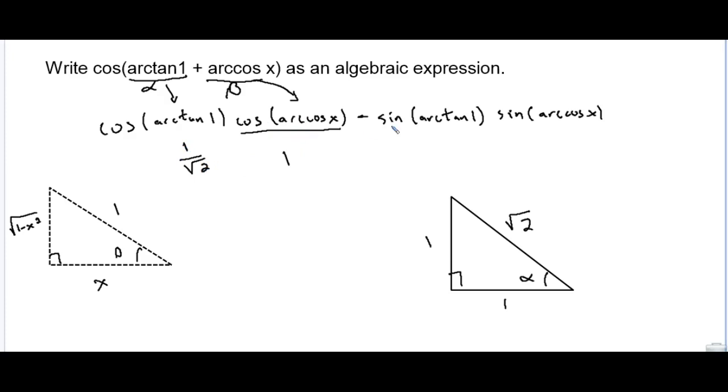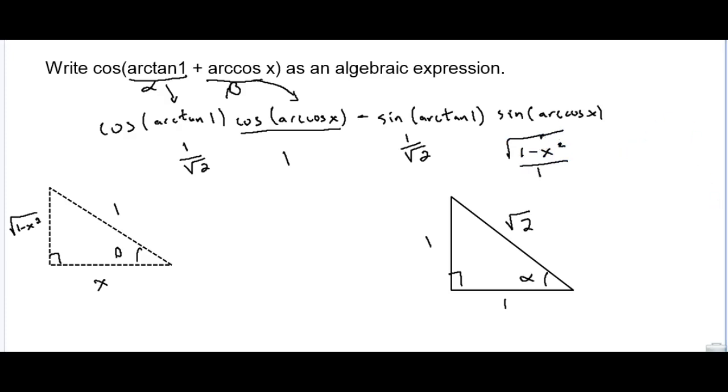This one we know is 1. Sine of arctangent of 1 is this one again, so sine is 1 over the square root of 2. And this one is sine of arc cosine, so sine of arc cosine is this one over hypotenuse. That's going to be the square root of 1 minus x squared over 1.